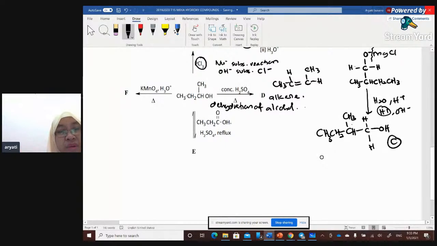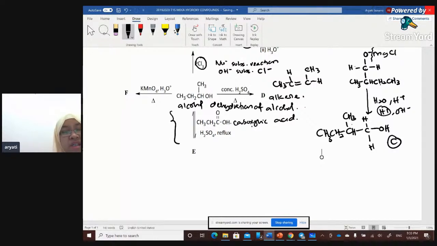So actually this one is an alcohol. This one is carboxylic acid. Alcohol reacted with carboxylic acid. Ini ialah in H2SO4 reflux. Ini adalah chemical reaction ataupun in formation of ester. Okay, ini kita belum belajar lagi. Okay, ini alkohol.